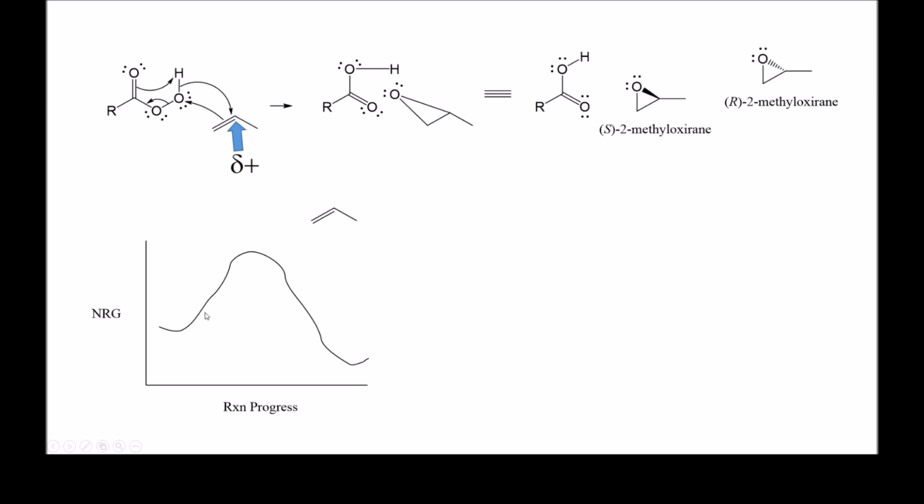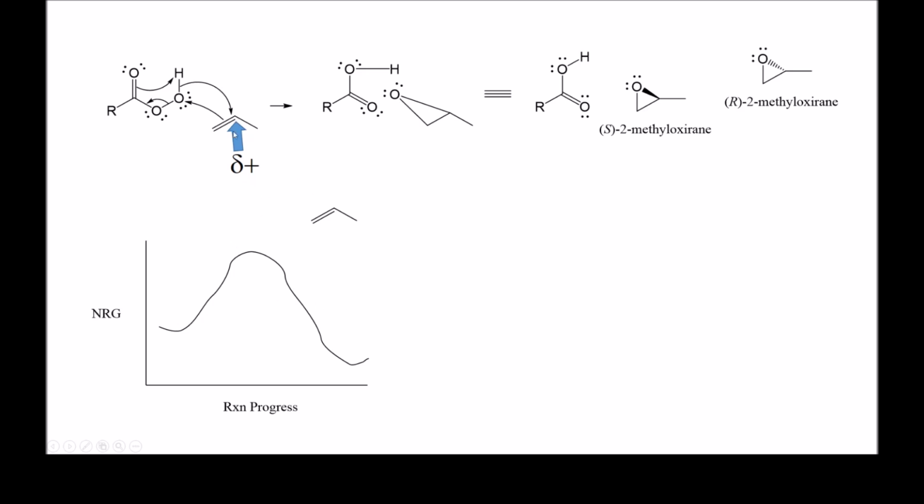For this reaction I've shown the energy diagram for propene, or propylene is its common name. And there is a step in this reaction where the pi bond is folding out into that oxygen. That means for kind of a flickering moment of time, there is a buildup of carbocation on this secondary position right here.